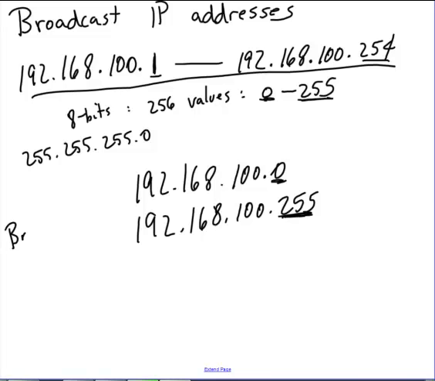This becomes the broadcast address for that subnet. And what that means is that any machine connected to the subnet will actually receive a packet that is destined for this address.